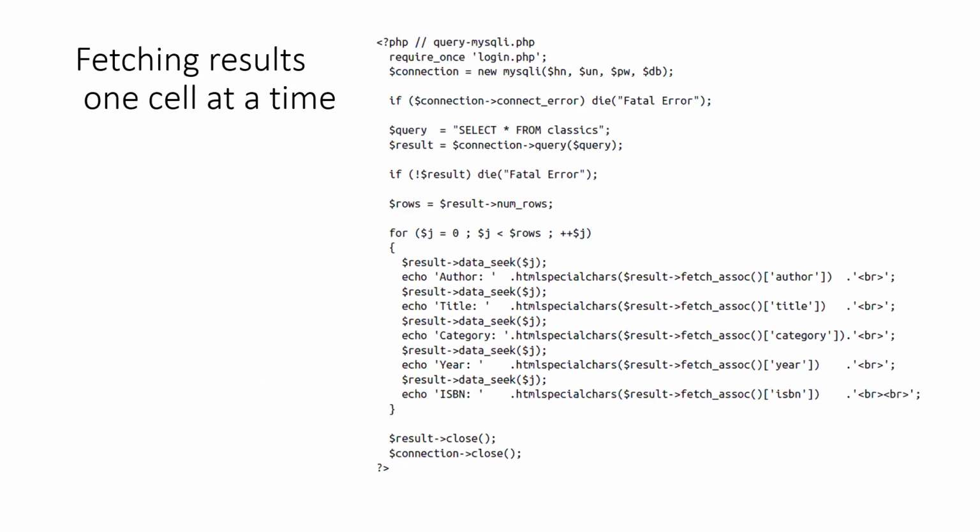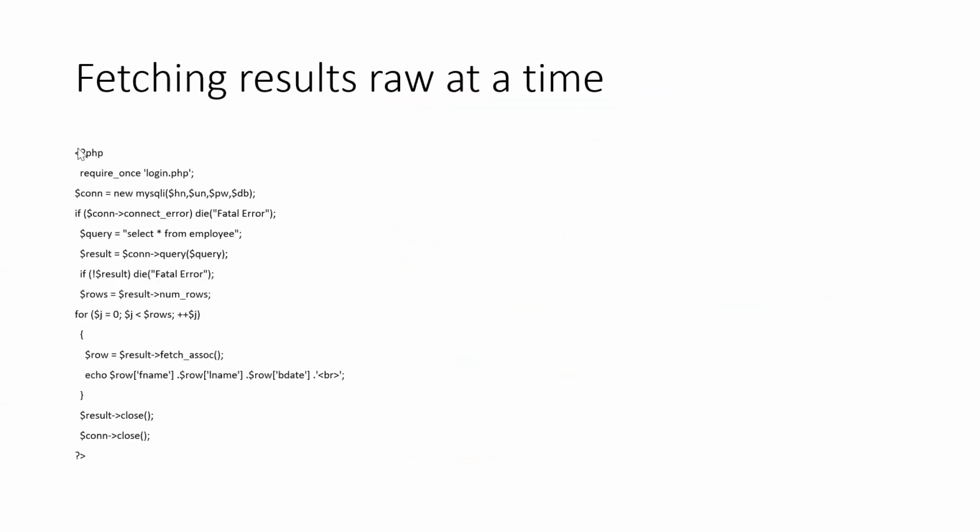In this particular example, it's the same thing, but what you do is take a row at a time. In this example, you will see we fetch the result as a row, and then we execute them.